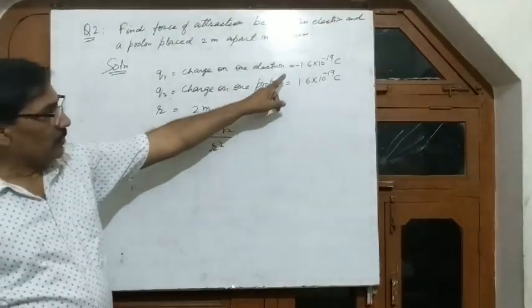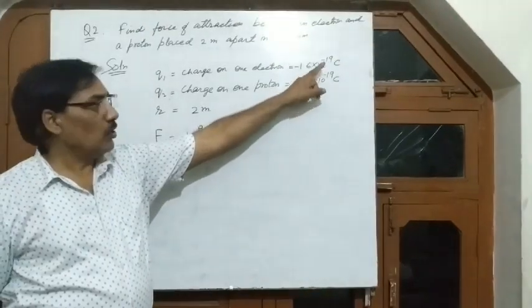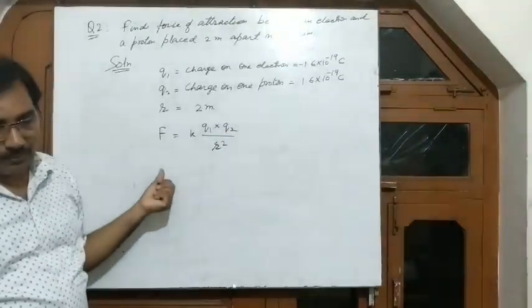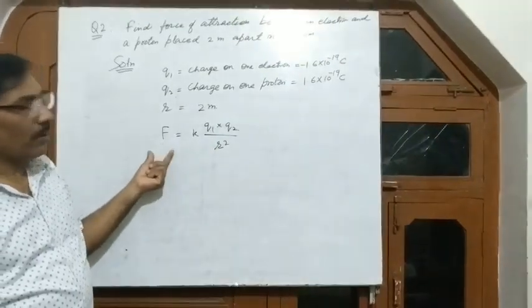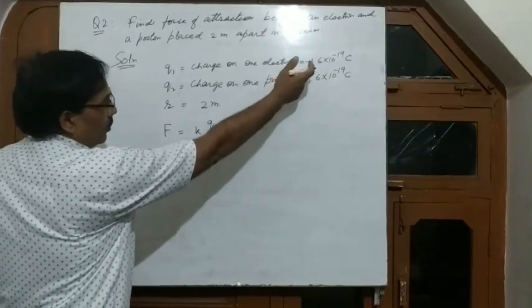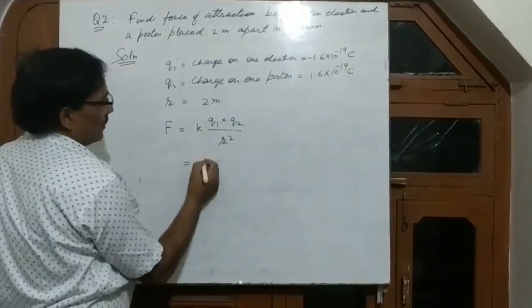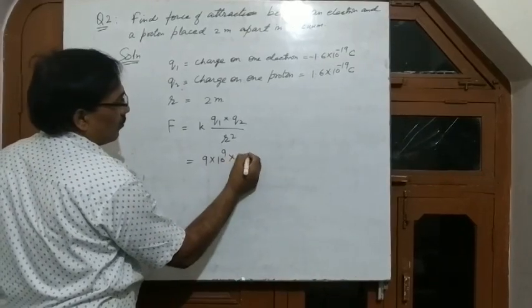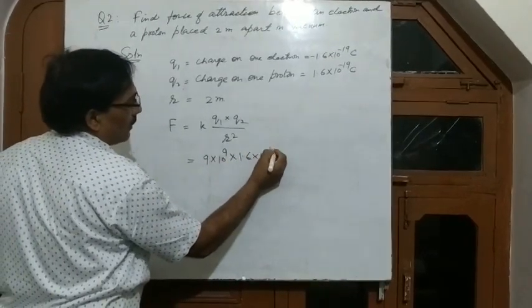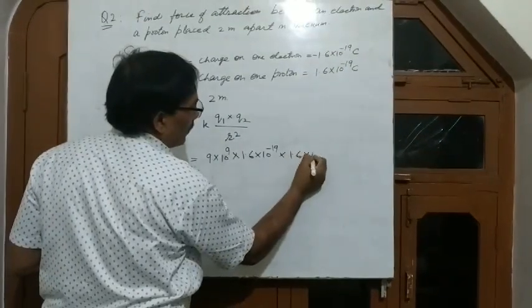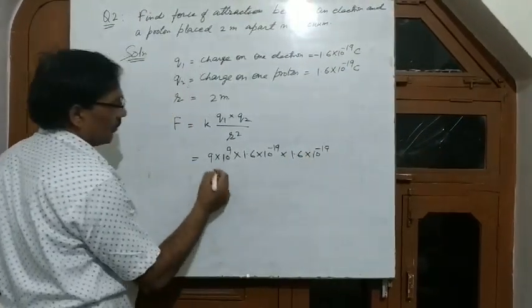It is correct that the charge is negative, but you will not put it here. We are calculating the magnitude of the force. In scalar form, we find the magnitude of the force, so we will take just the magnitude only. The value of K is 9 into 10 power 9 for free space. Then 1.6 into 10 power minus 19, and Q2 is again 1.6 into 10 power minus 19.